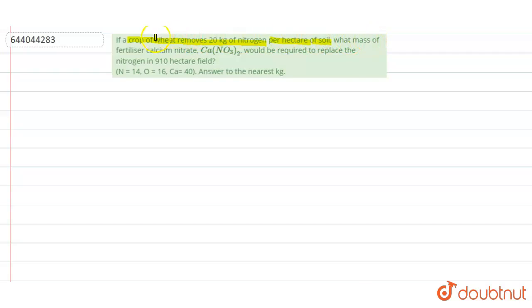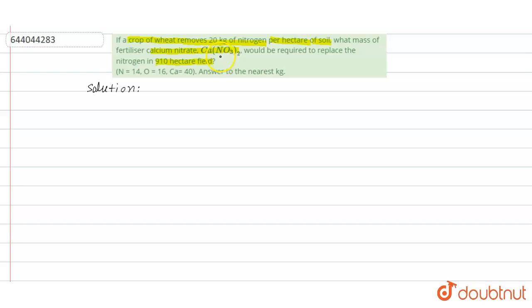What mass of fertilizer calcium nitrate would be required to replace the nitrogen in a 910 hectare field? So this is the question. So how can we solve this question? This question can be solved as below.